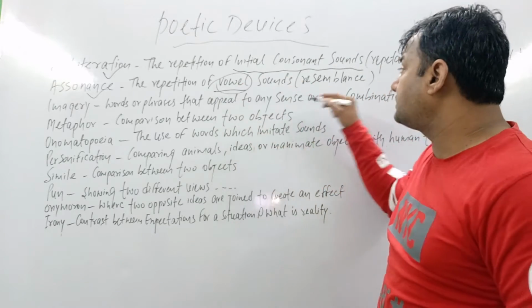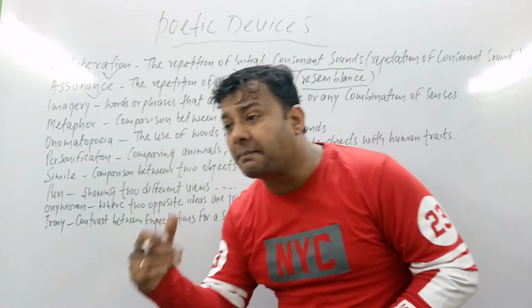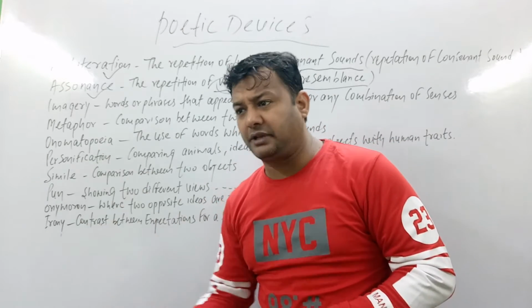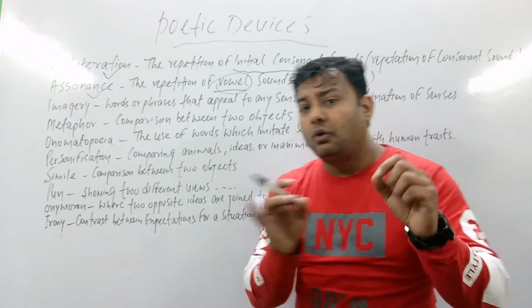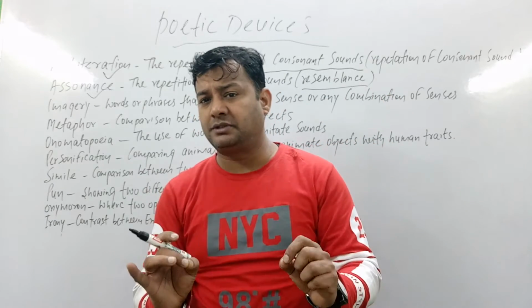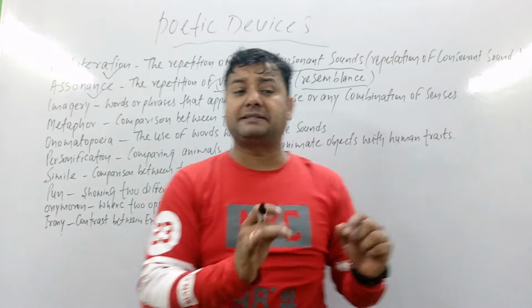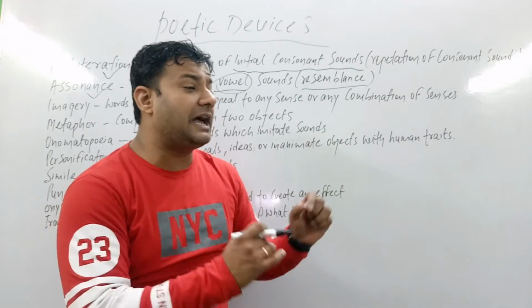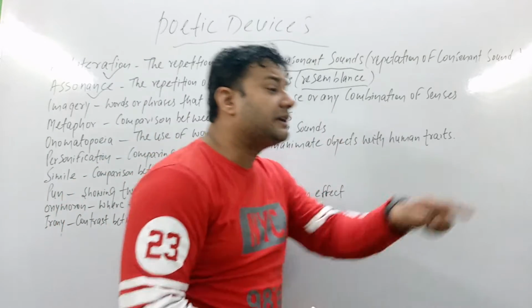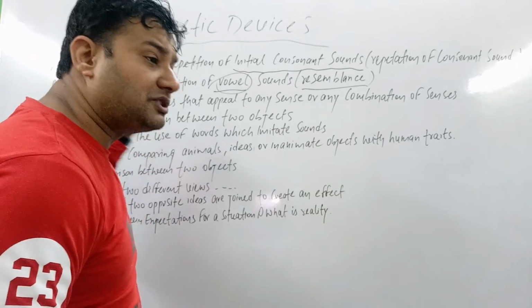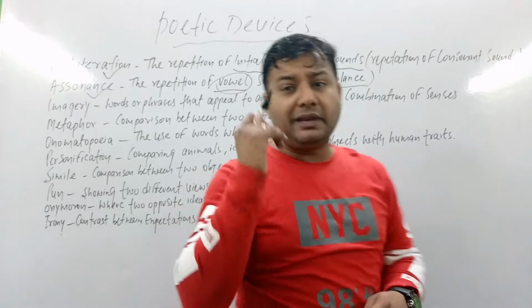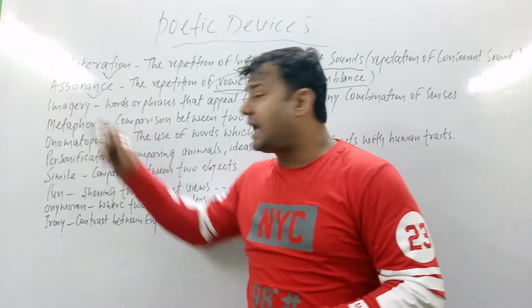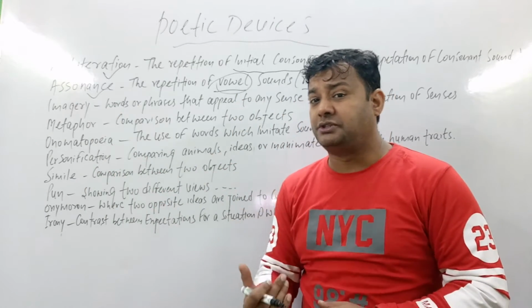The repetition of vowel sounds means resemblance. जब एक जैसे लग रहे होते, they look alike, same, exactly the same. On sounds, just sounds. तो जहां पे हमें resemblance मिलेगी vowels की, वहां assonance use होगा. तो poetry को समझने के लिए, we really need to clear the assonance, the poetry device that is used.